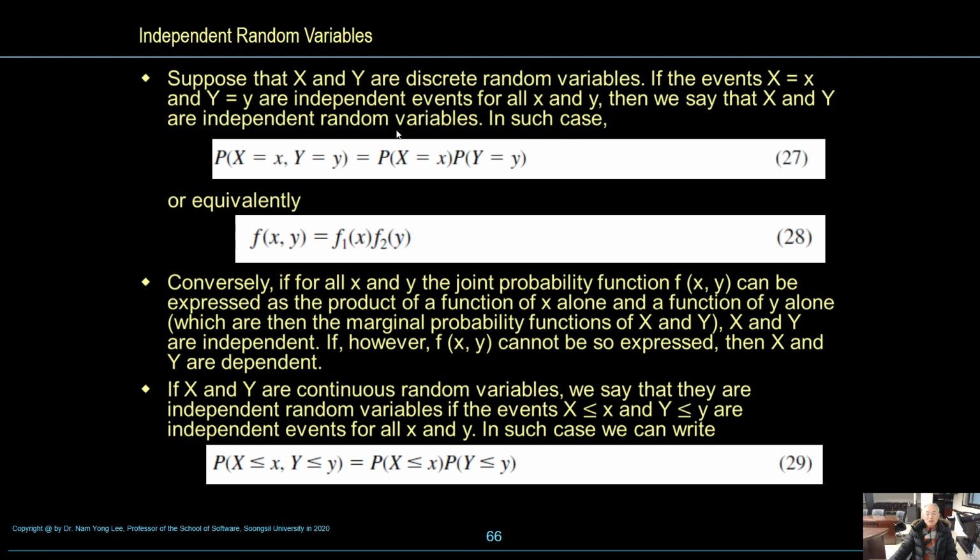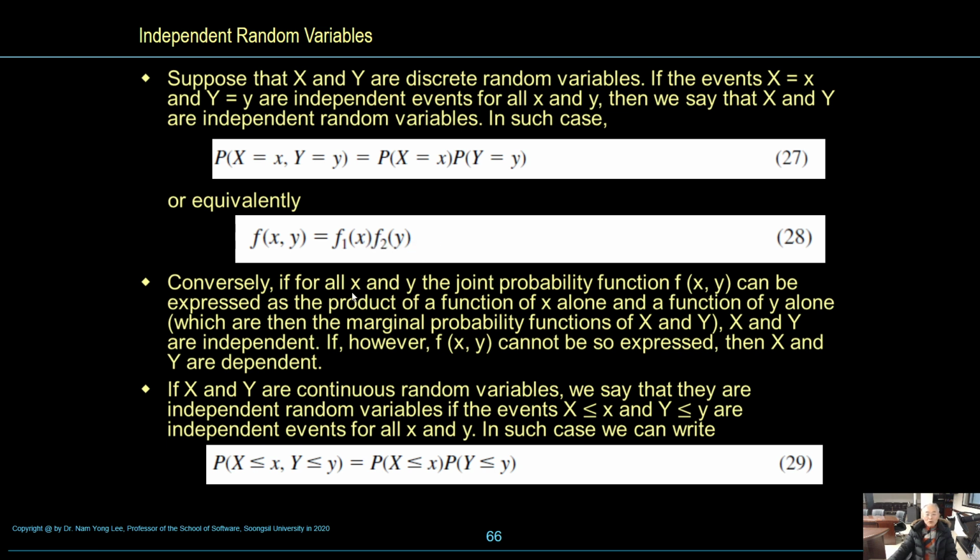In such a case, the probability of X = x and Y = y is equal to the probability of X = x multiplied by the probability of Y = y. Or equivalently, f(x,y) is equal to f1(x) multiplied by f2(y).